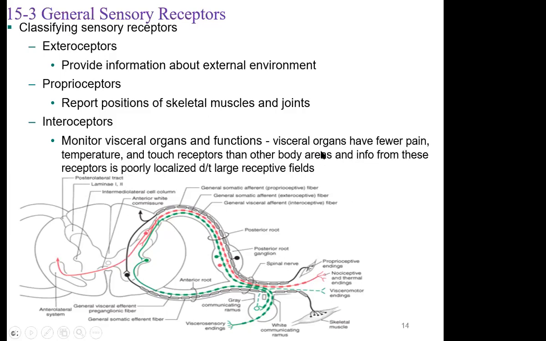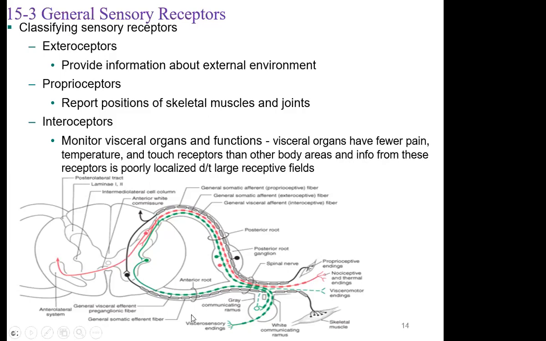Even though they have them, I'll show you another day how, if there is a problem with those organs, those receptors are actually going to communicate sometimes in really funky ways. We'll walk through that a little bit later on.